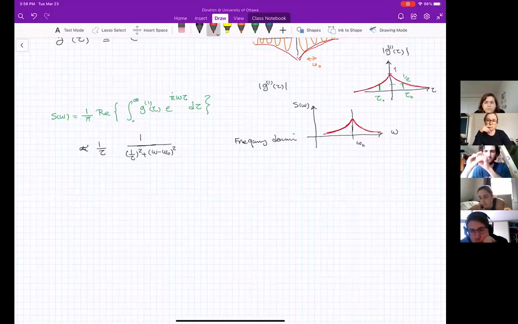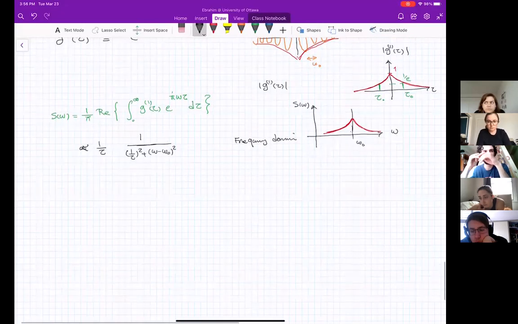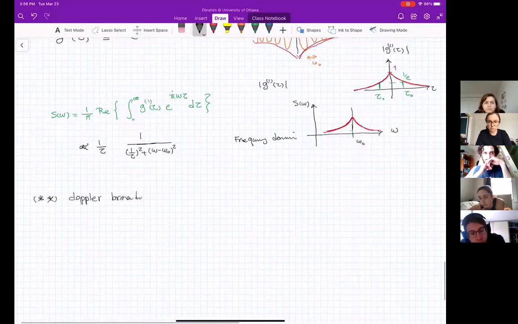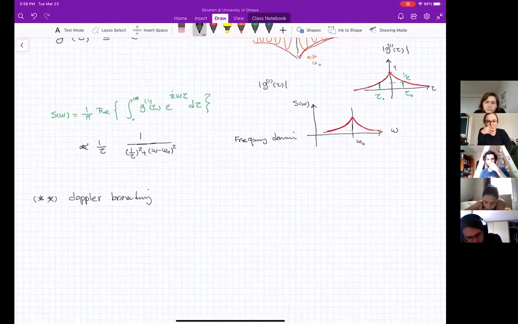Good. Let's solve another example. Second example: Doppler broadening. What is happening now? The frequency also is not the same. Phase is the same, but the frequency is not the same. Why? Because atoms have different velocities, and then you expect the spectrum will change.